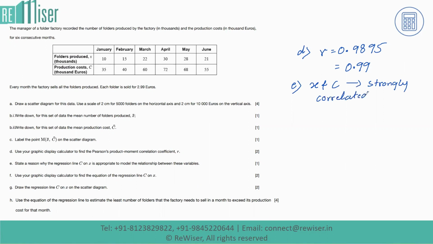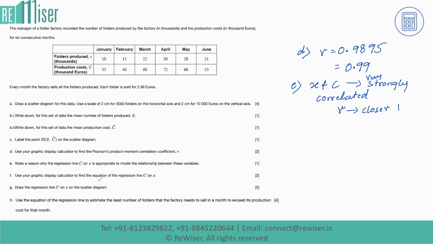The reason is the value of R, the correlation coefficient, is very close to 1. Whenever I get 1, it's a perfect correlation, and whenever we get a value very close to 1, we say it's strongly correlated. So that is the reason we can say C on X is an appropriate model, which shows a strong relationship between these variables.